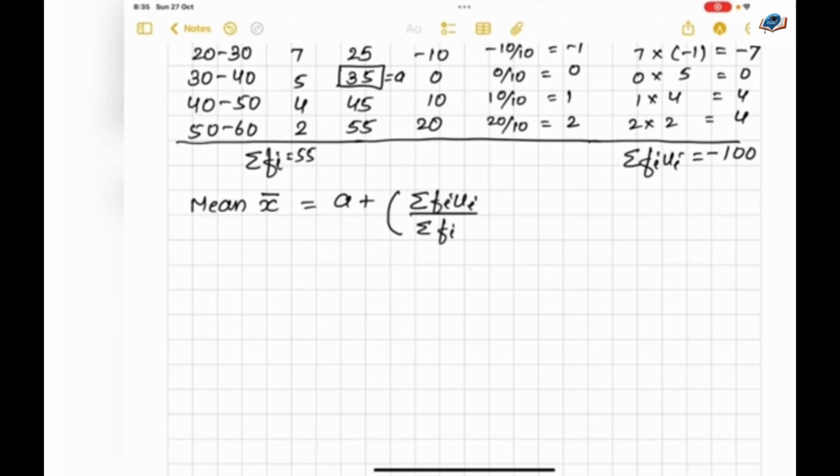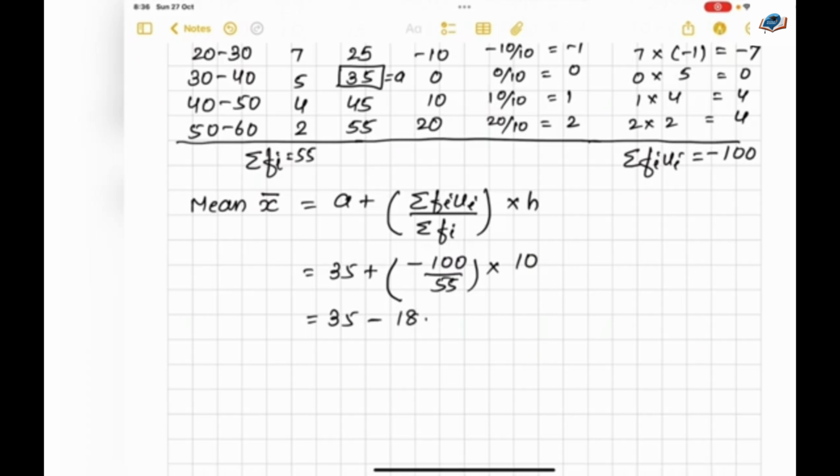So here A was my 35 plus minus 100 upon 55 into h. h was 10, so this will be again minus 100 upon 55 into 10.